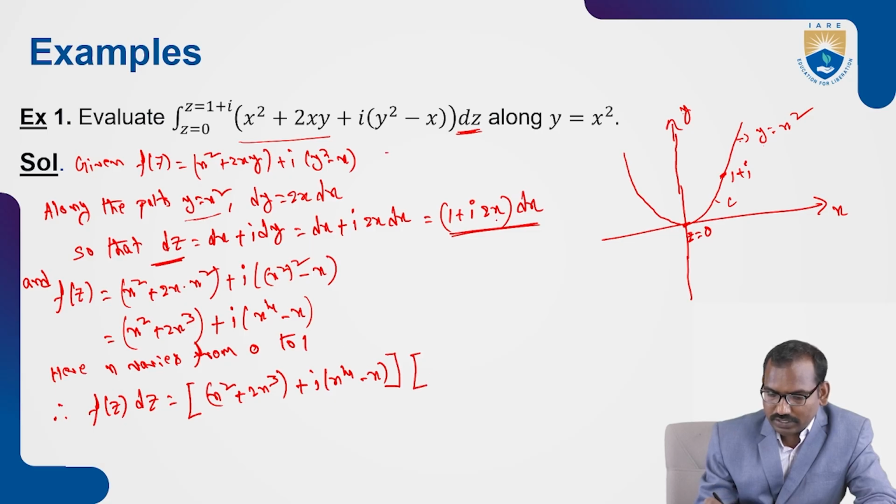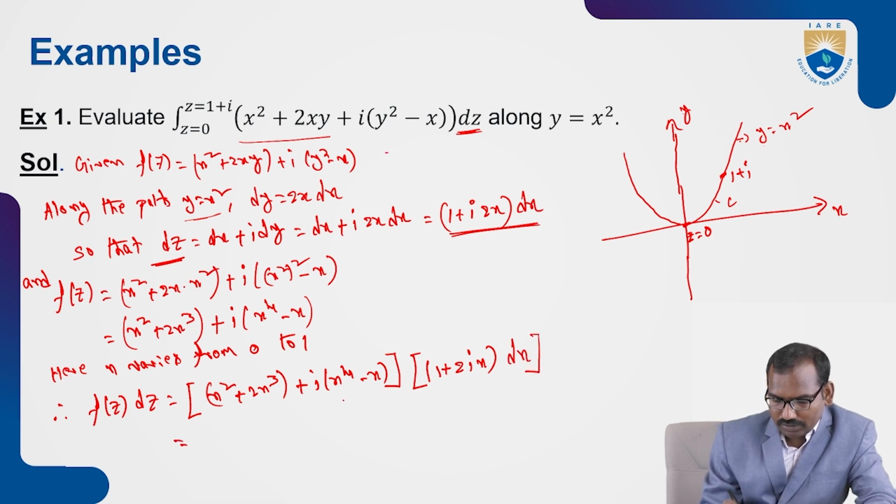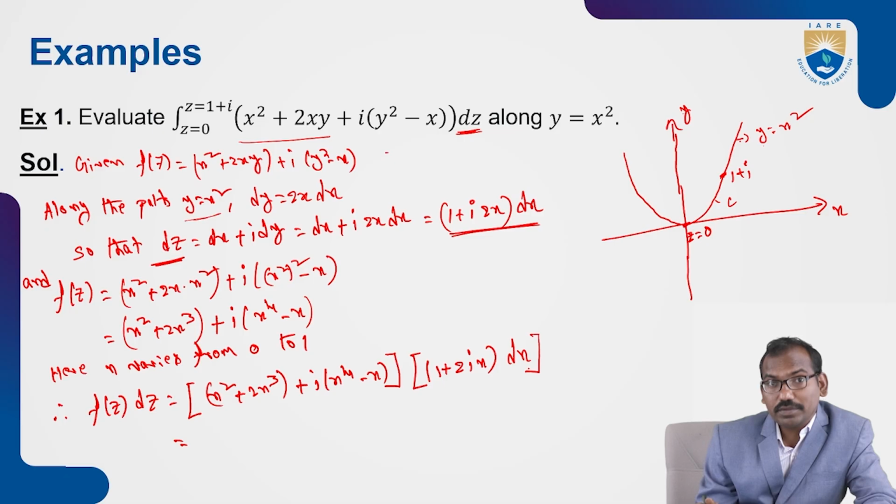dz also I am writing here, that is 1 plus 2ix dx. Now I want to write it as there is a product of two complex numbers here. I want to write first of all real part, then imaginary part.